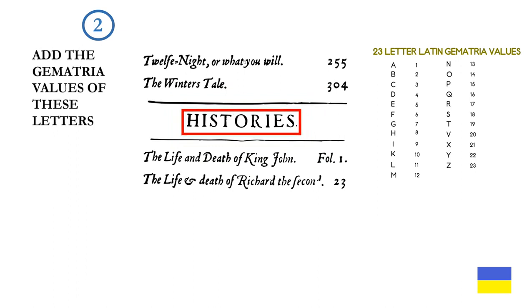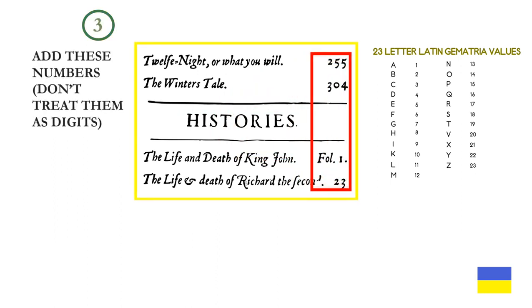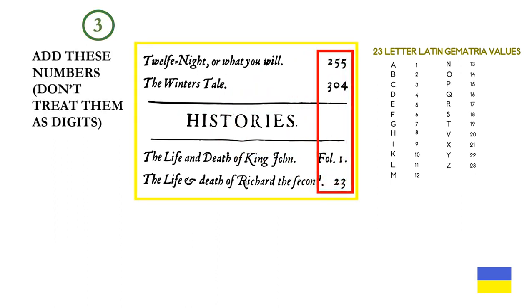The second puzzle, we add the gematria values of these letters in histories. And then we subtract this sum from the final sum in equation number 1. My third little discovery was when I added these numbers, and don't treat them as digits.